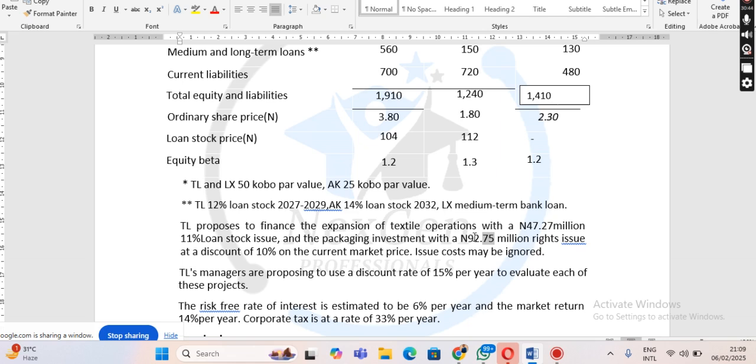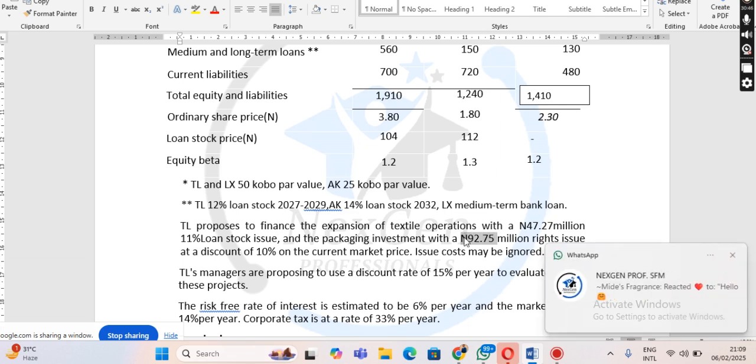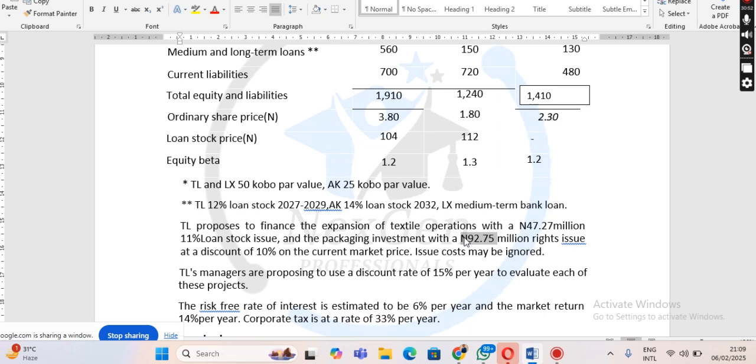Class, for packaging is 92.75. So therefore, the market value of debt is 47.27, right?